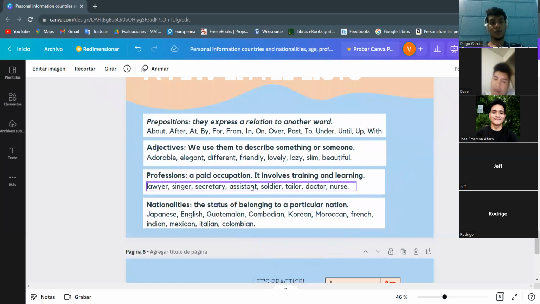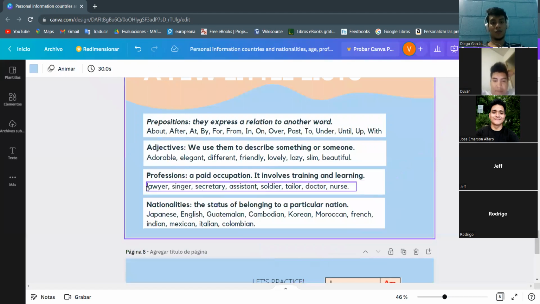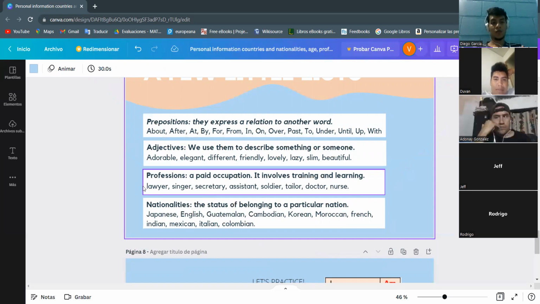Professions. Emerson, can you help us reading, please? Professions: a paid occupation, it involves training and learning. A lawyer, singer, secretary, assistant, soldier, tailor, doctor, nurse. Good. Thank you. Choose a profession.